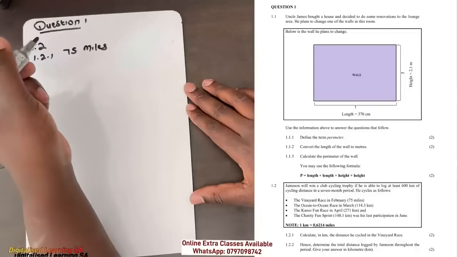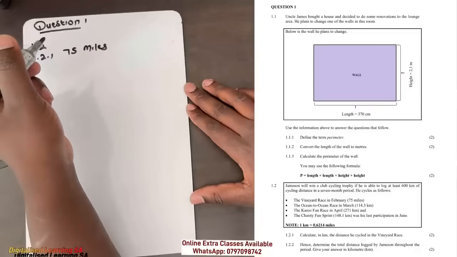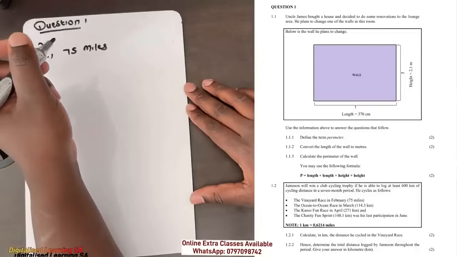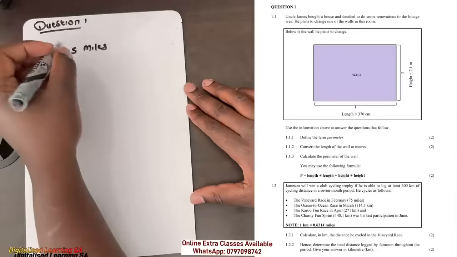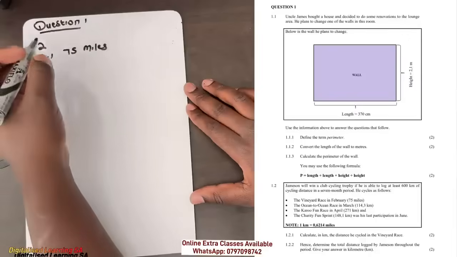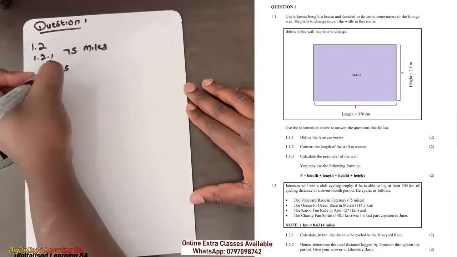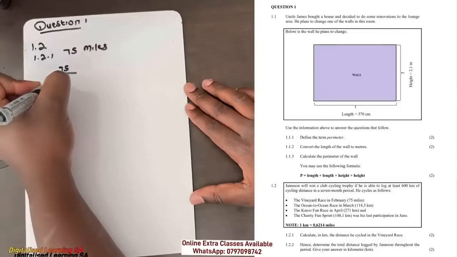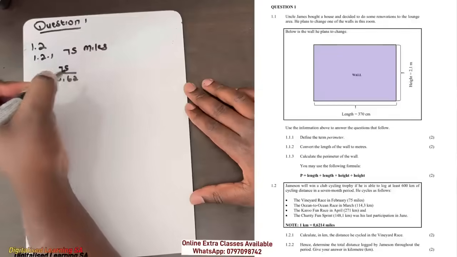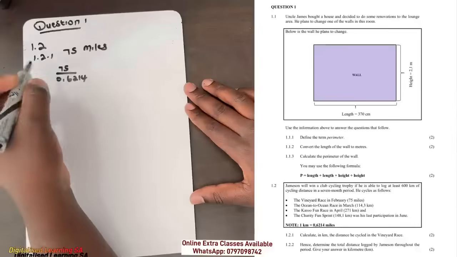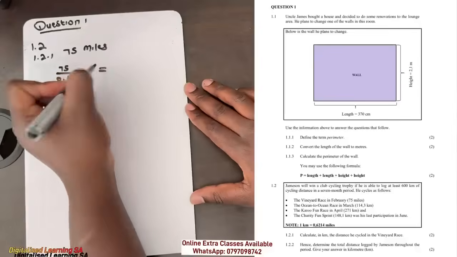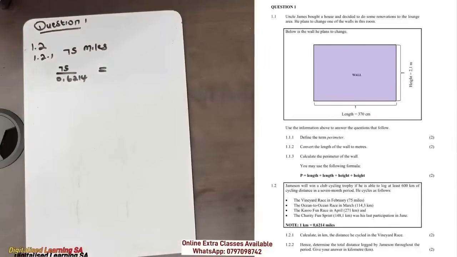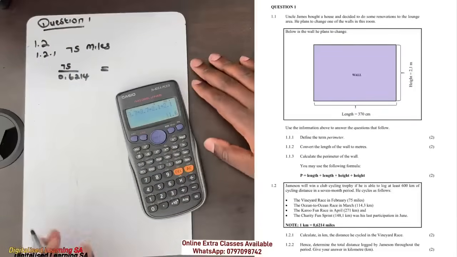We know that 1 kilometer is equal to 0.6214 miles, meaning that to convert 75 miles into kilometers, we just say 75 divided by 0.6214, and our answer will then be in kilometers.